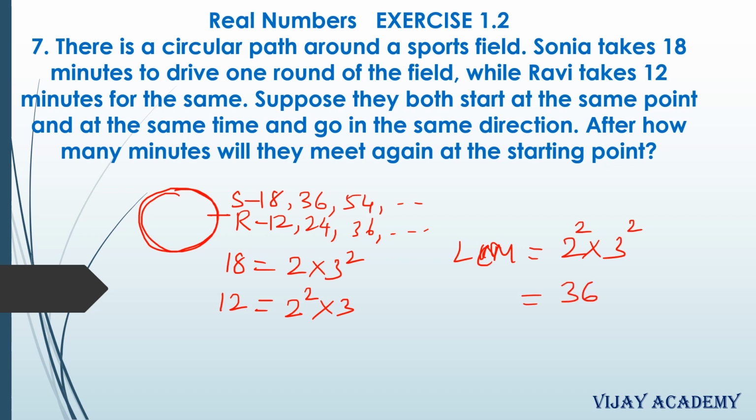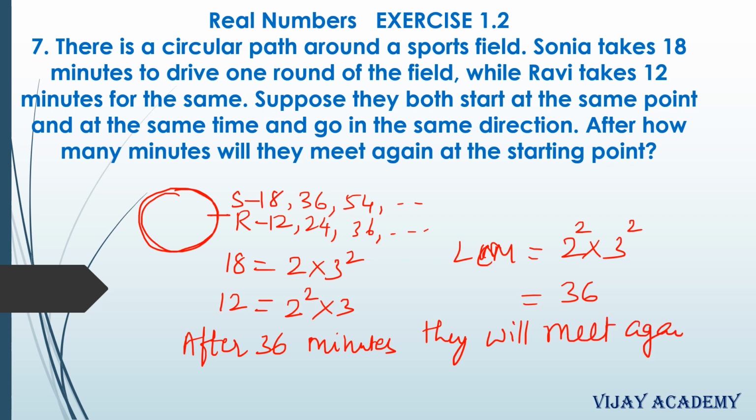So they both will meet again at the starting point after 36 minutes. So you can write the statement that after 36 minutes, they will meet again at the starting point.